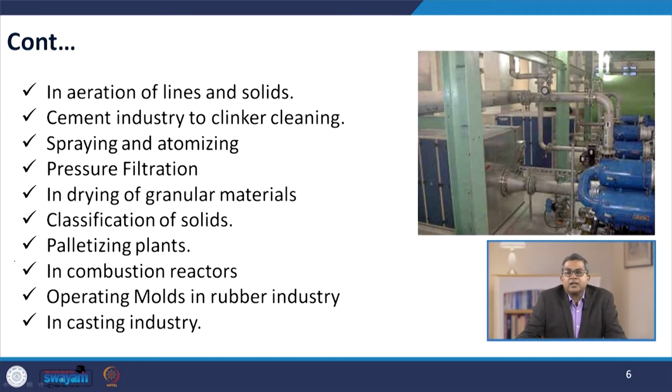Segregation of solids more frequently uses compressed air. Pelletizing plants are foremost users of compressed air. It can be used in combustion reactors, where you require an oxygen supply, because 21% oxygen is available in the air. It can be used in operating molds in the rubber industry and in the casting industry.